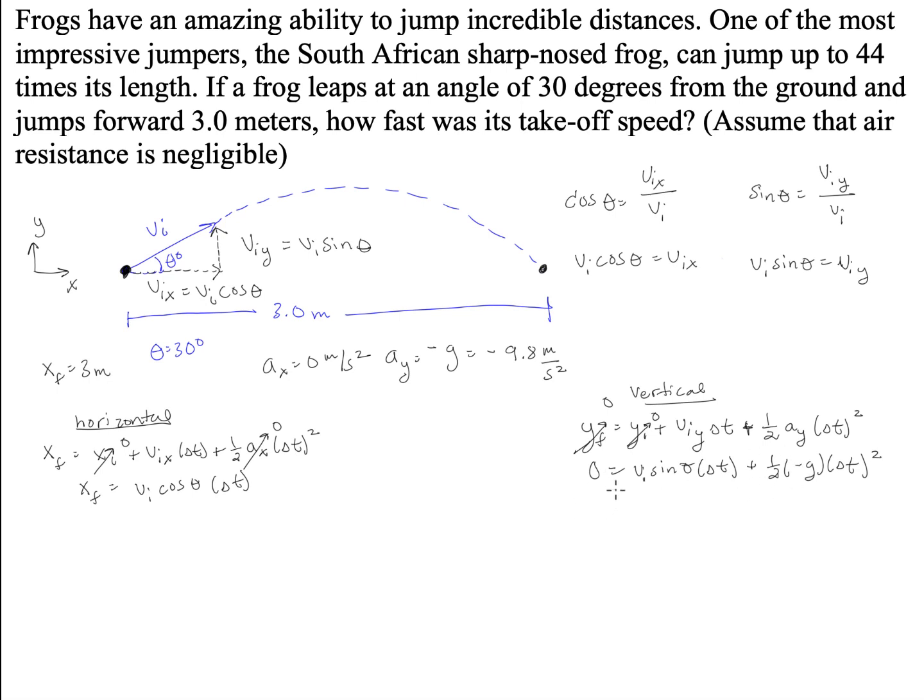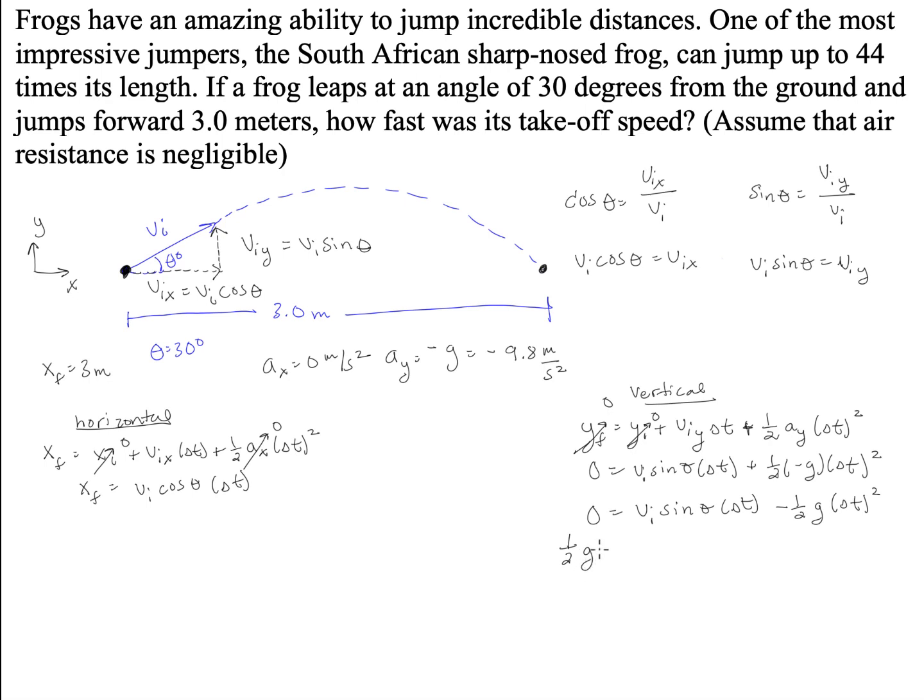Okay, and I'll just go ahead and move that negative sign out front. So you can see here that this is a quadratic, but since the constant term is just 0, we don't actually have to do the full quadratic equation to solve this. We can go ahead and just add this 1/2 g t squared to the other side.